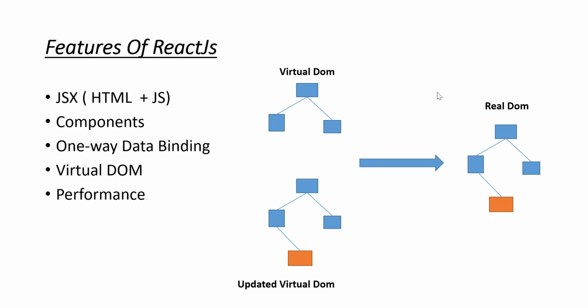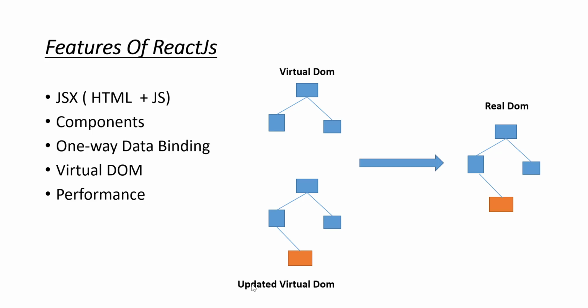So here we have the real DOM in the browser, right? So this is the real DOM, and React maintains a copy of that real DOM in memory, which is called the virtual DOM. Whenever we make changes to the components or the user interface, those changes are calculated and compared with the updated virtual DOM.